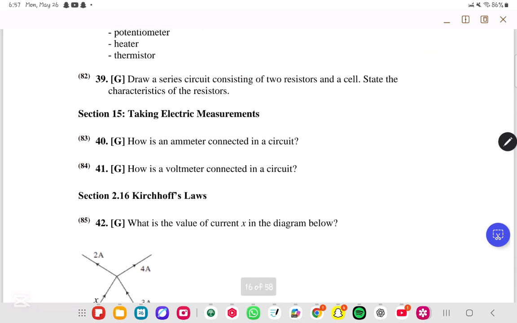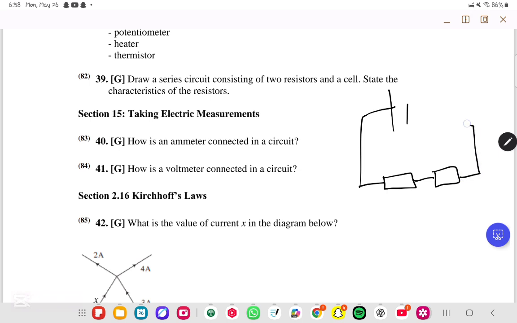39 grid, draw a series circuit consisting of two resistors on a cell. State the characteristics of the resistors. Now, very important, because we are dealing with a series circuit, that means everything is in series. So you'll have the cell over here, then resistor 1, resistor 2, and then it will go back to the end of the battery.